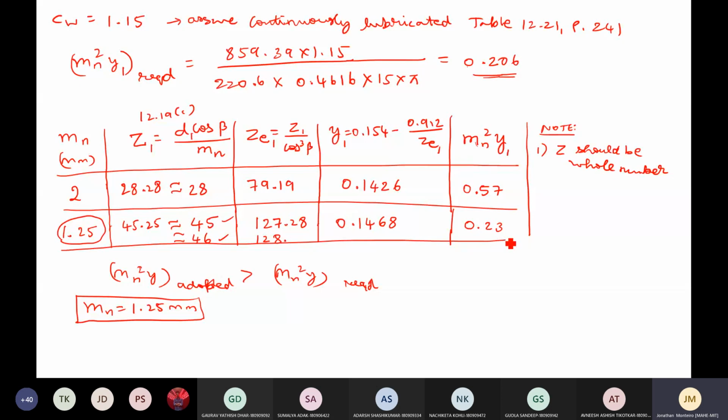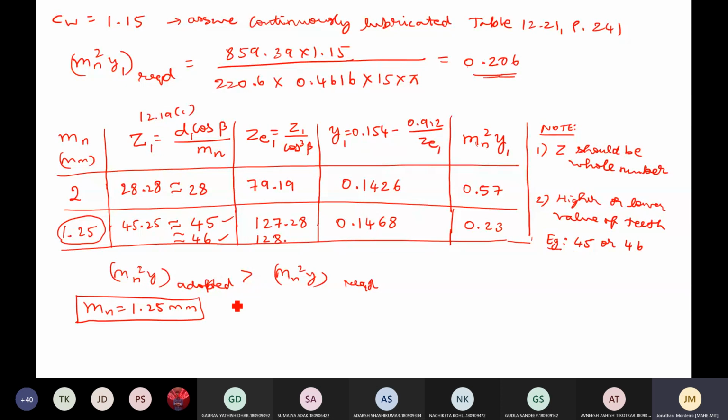Then go on calculating to get the Mn square Y value. The second point is that a higher or lower value of teeth can be taken, whichever suits. In this case, for example, 45 or 46, both can be taken. But once you set one, you don't change it.